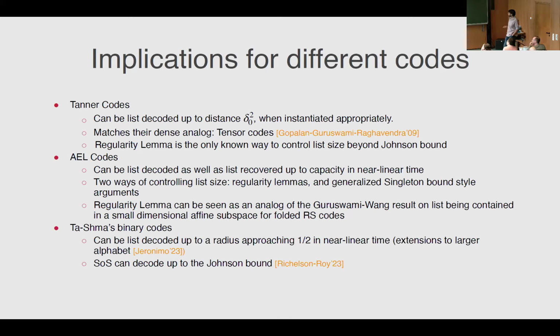The radius achieved by the regularity lemma is not as good as the Johnson. It approaches half, but at a much slower rate. And this is the only place where I think SOS now enjoys superiority over regularity lemmas. And for these codes, it's open to do anything beyond the Johnson bound, which would be very interesting, because for binary codes, we don't know good capacity achieving bounds on both sides.